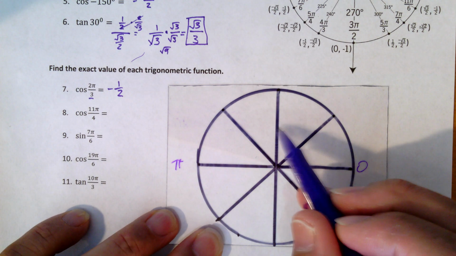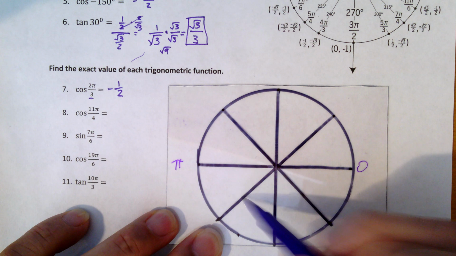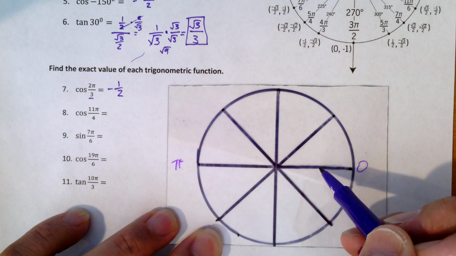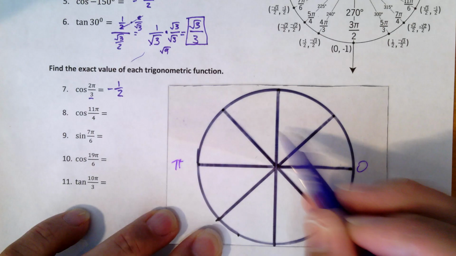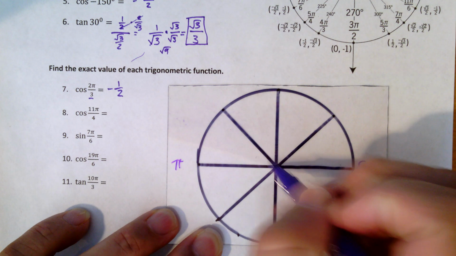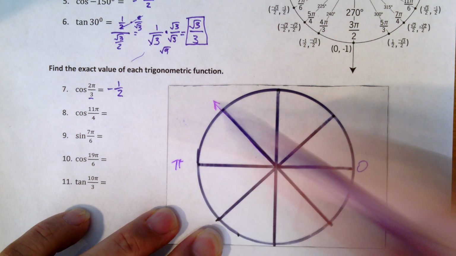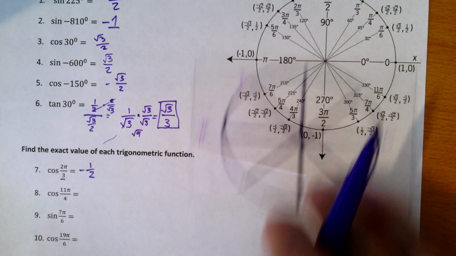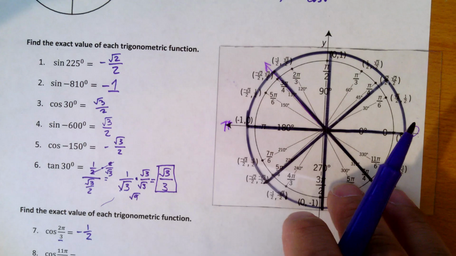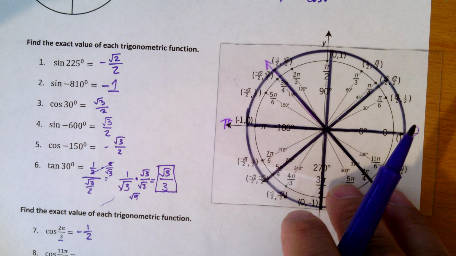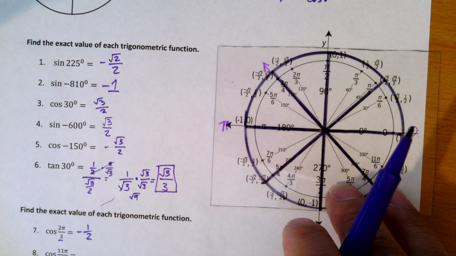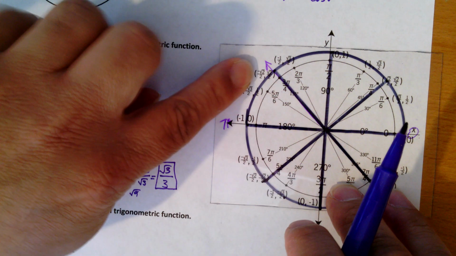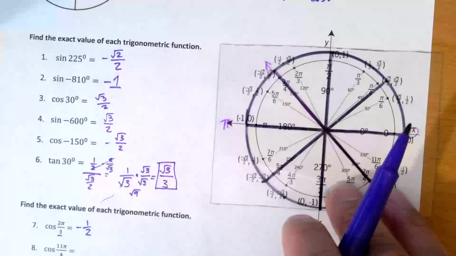So it's going to be 1, 2, 3, 4, 5, 6, 7, 8, 9, 10, 11. So this is the position I'm in at that angle, 11 pi over 4. If I go up here, 11 pi over 4 would be about there. And I'm looking at cosine of that, so it would be the x value, negative radical 2 over 2.